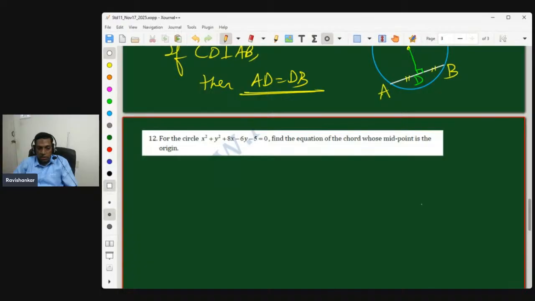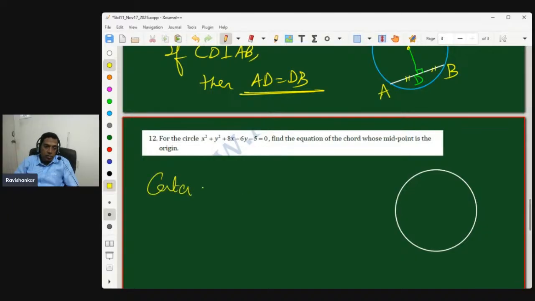Again we have a circle whose center is (-4, 3). That means the origin is somewhere here.